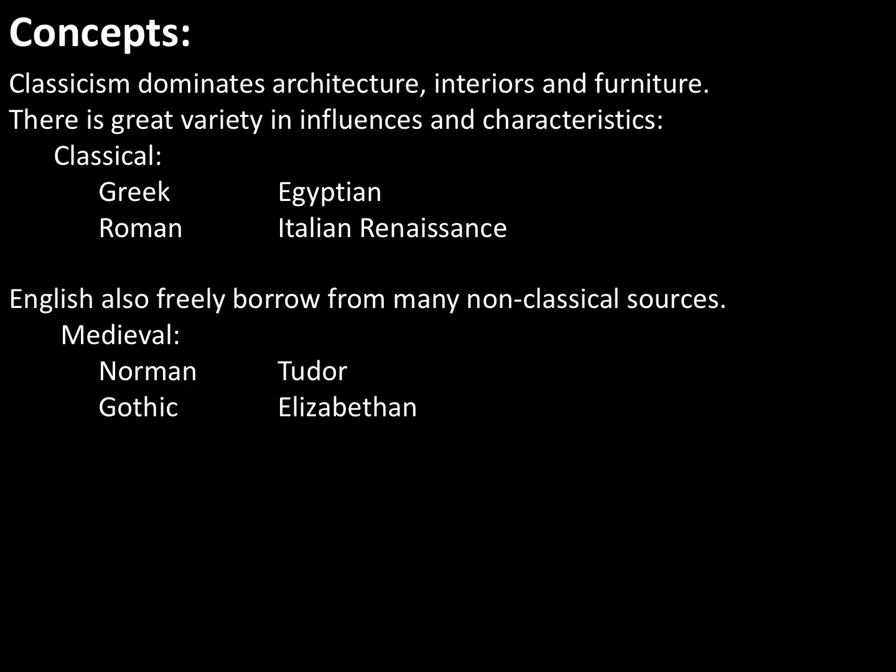But we also see influences from many non-classical sources, from the English Norman style, which is a medieval style, from the Gothic style, even into the Tudor and Elizabethan styles, and a tremendous interest in what was considered exotic. So Chinese styles or Turkish styles or South Asian Indian.